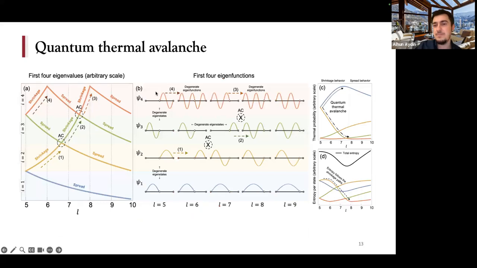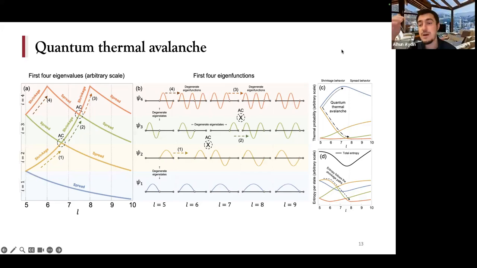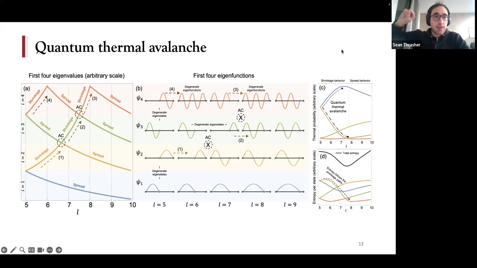For example, the thermal probabilities can shift or change during this transition. But in the quantum adiabatic case, the probabilities should remain constant as far as I remember. But the adiabatic allows you to follow the spectrum. So the dashed line that you have, for us at least, would be due to the adiabatic theorem.